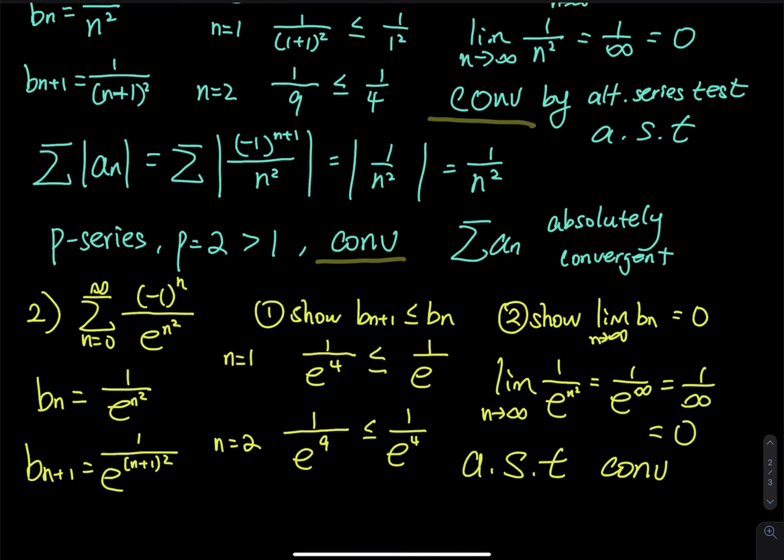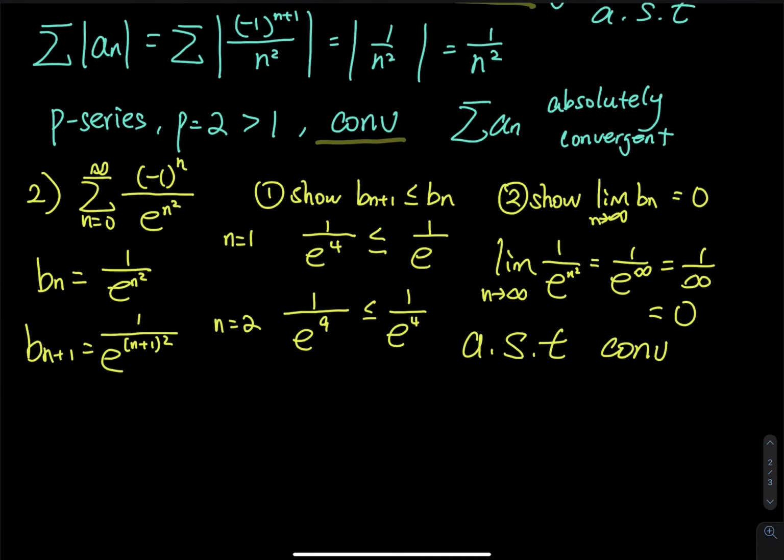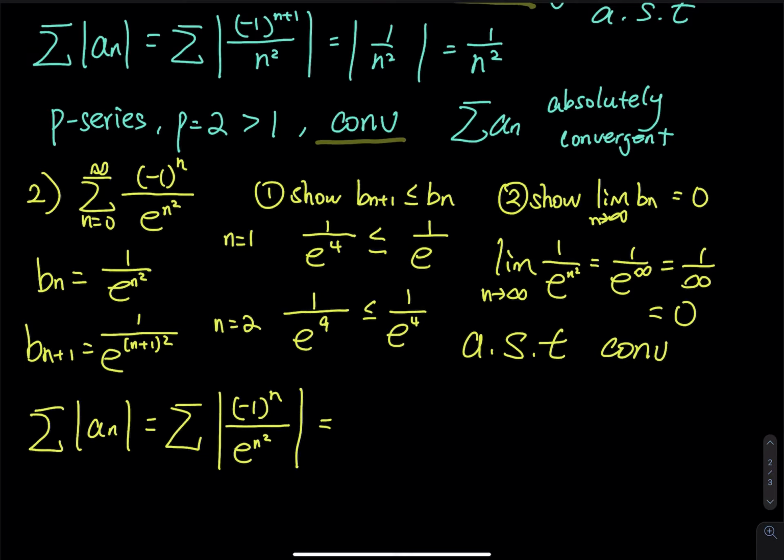Now we have to take one step deeper. That is, we have to take the absolute value. So we also need to take care of the sum of the absolute value of negative 1 raised to the n divided by e to the n squared. Then this absolute value takes away the alternating term, then the top is just a 1 and then the bottom is e to the n squared. You still take the sum of that.